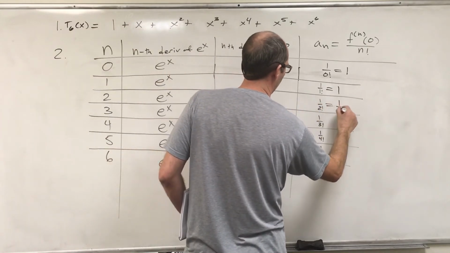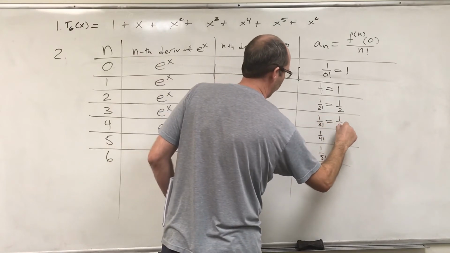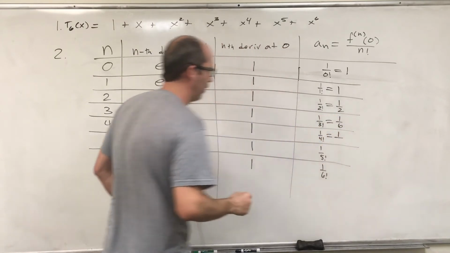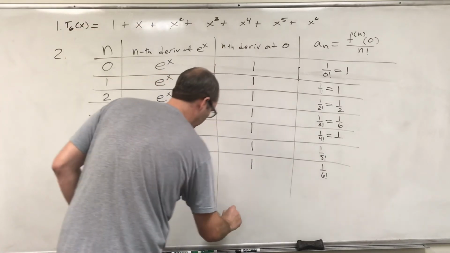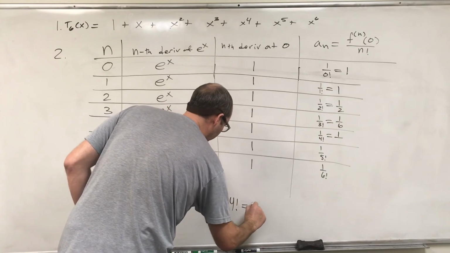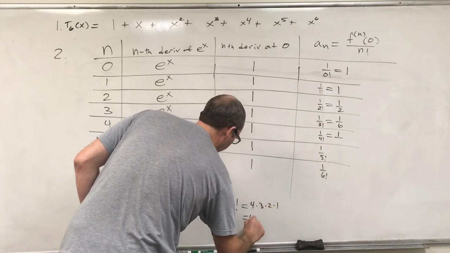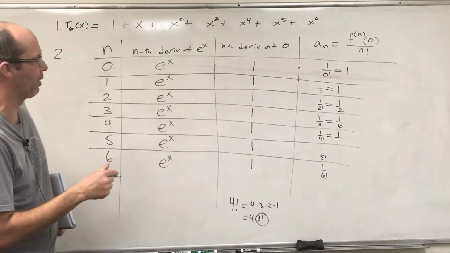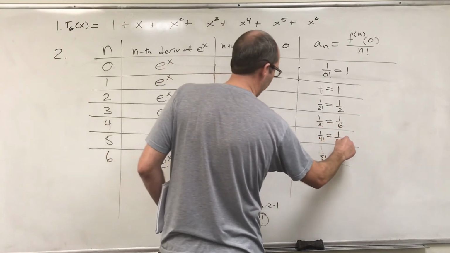This is 1 over 2, 1 over 6, and 1 over 4 factorial. Remember that 4 factorial is 4 times 3 times 2 times 1. That's 4 times 3 factorial. We just computed 3 factorial, which was 6, so we multiply that by 4. That's 24.